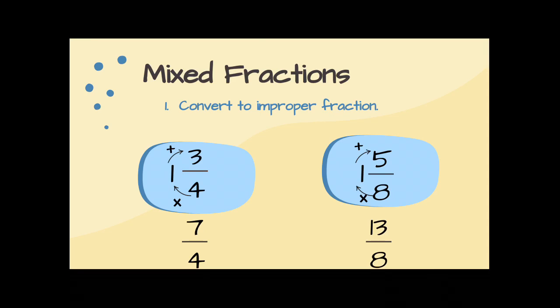Now that we've converted into improper fraction forms, we're going to check the denominators. So it's 4 and 8. And now you should know that if they're different denominators, we cannot compare them just yet. The first step is to find the least common denominator. Since 4 goes into 8, we only have to convert the 7 over 4 and make both the denominators 8.